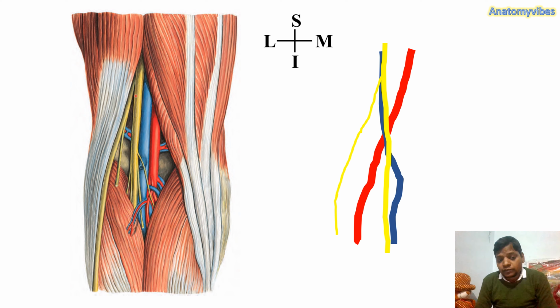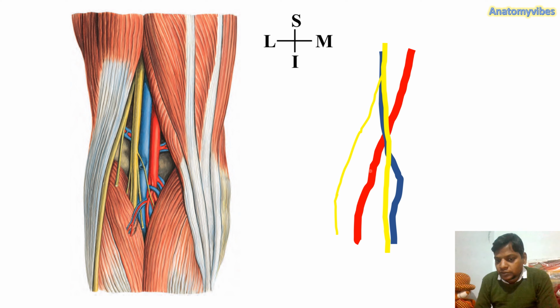The nerve is most superficial, then comes the popliteal vein, then the popliteal artery. Again here you can see the nerve is most superficial, then the vein, and the artery is the deepest structure. Now one more thing. This is the medial side, this is the lateral side. Superiorly in the popliteal fossa, the artery is medial and the vein is lateral.